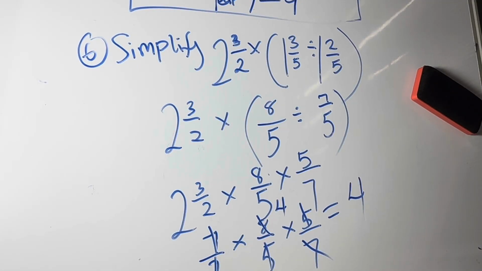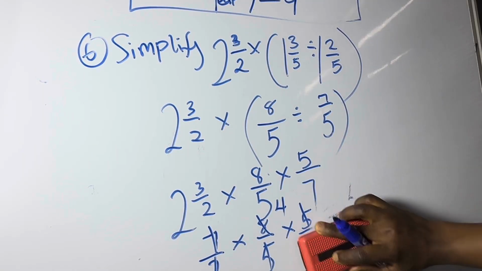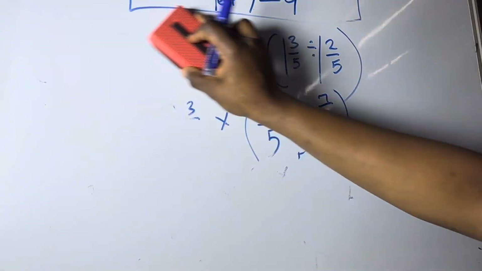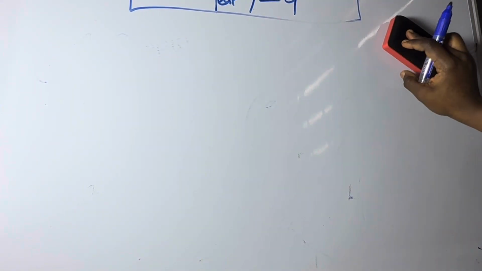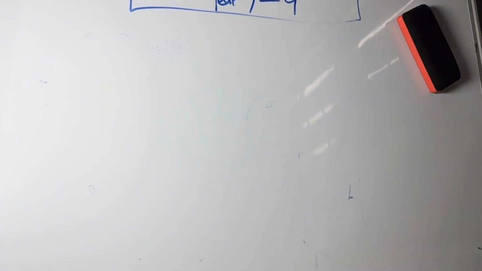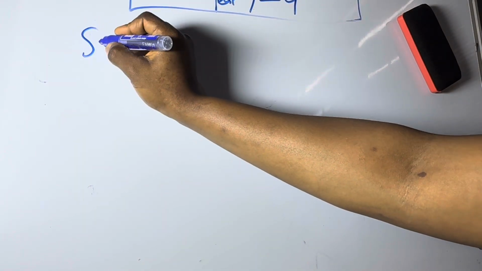Now, the next question, question 7. Question 7 says, okay, still on simplification.